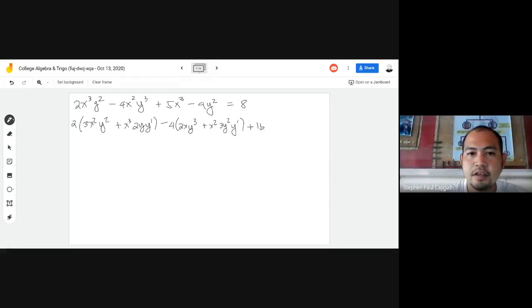Didiretso ko na lahat, 15x squared. Pwede man, i-diretso na lang yung pag-multiply.